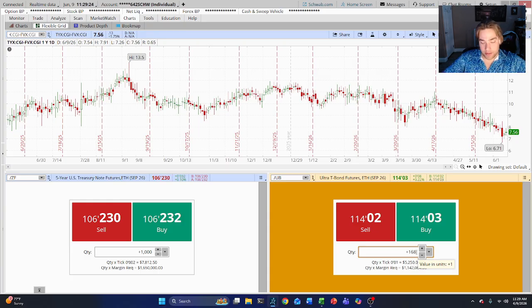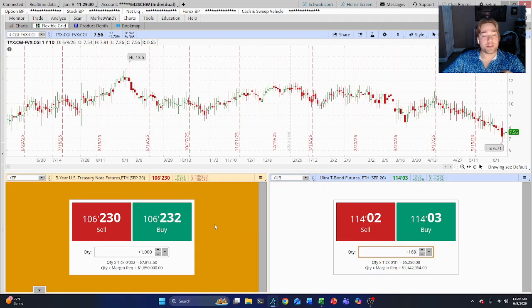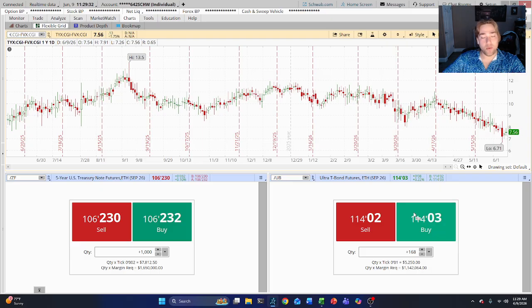So if I were to buy 1,000 of these for the almost perfect DV01 hedge, we would only need 168 of those. So that goes to emphasize that this isn't simply a trade where you just buy one contract to sell the other.